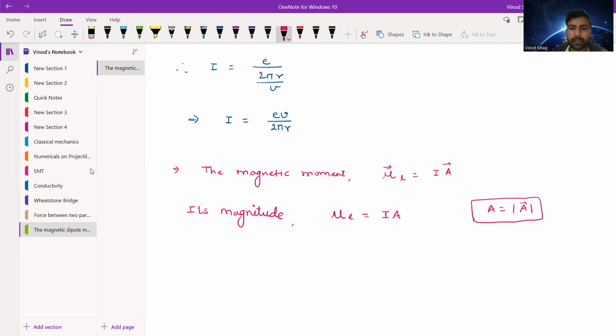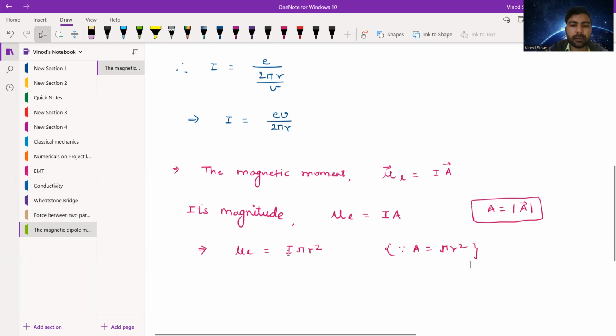Now, we know that the area of the circle is pi r square. So mu L will be I into pi r square, because A is pi r square for a circle.